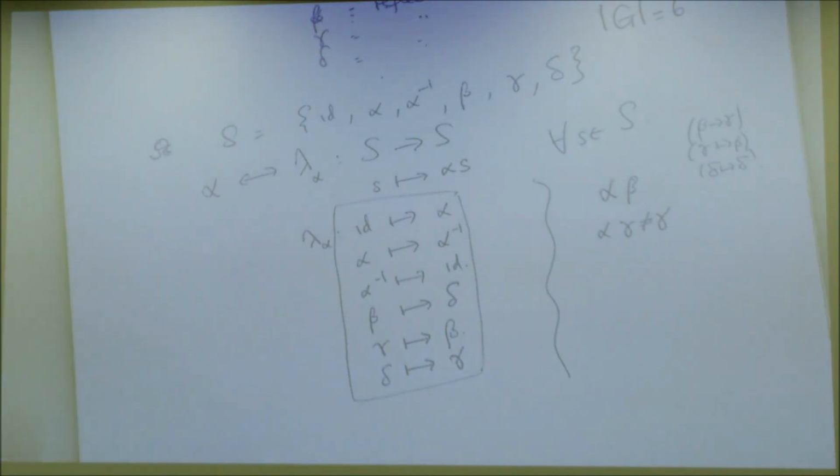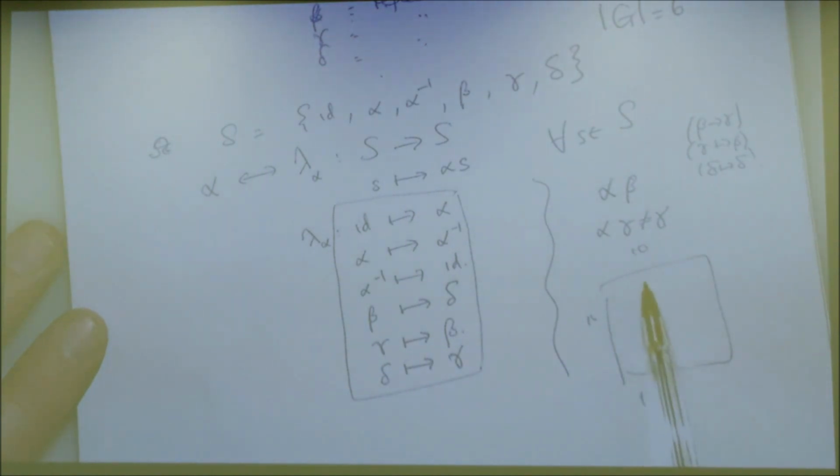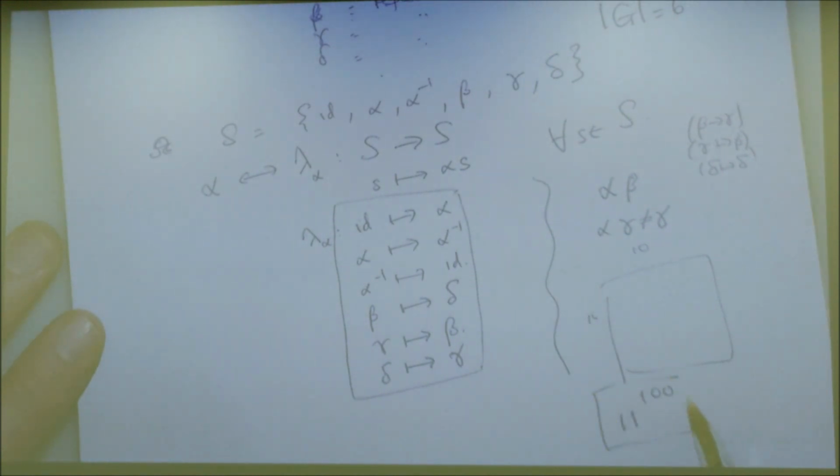So for a rough estimation of how big that group is, a 10 by 10 matrix contains 100 entries, right? And then if you've got a choice of 11 entries for each entry, how many matrices could you write down? Answer: 11 to the power 100. Because you've got 11 choices in each of 100 positions. Now, I'll say that the group is not quite this big because some matrices have determinant zero.